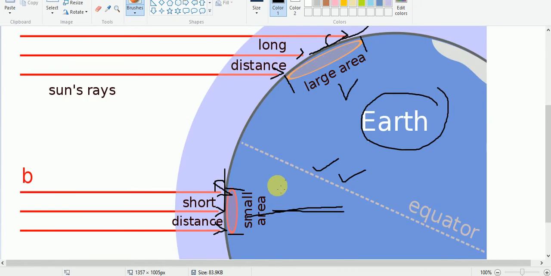In the case of vertical rays, the heat is concentrated in a small area, and that is why it is heated quickly and we feel hot.